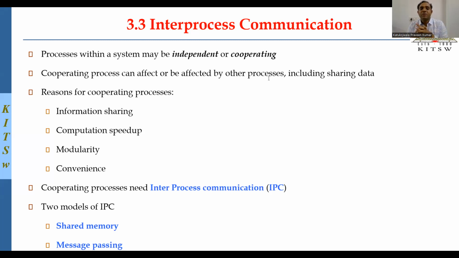In the shared memory model, a region of memory that is shared by cooperating processes is established. Processes can then exchange information by reading and writing data to the shared region. In the message passing model, communication takes place by means of message exchange between the cooperating processes.